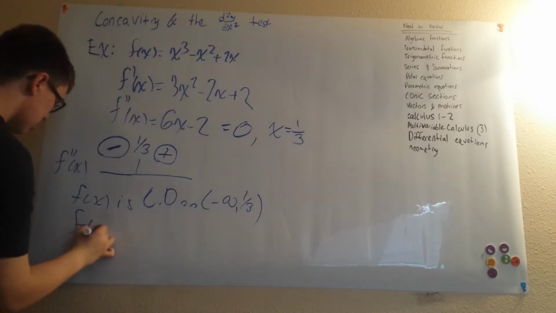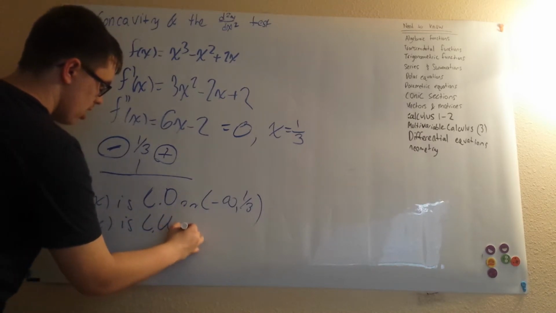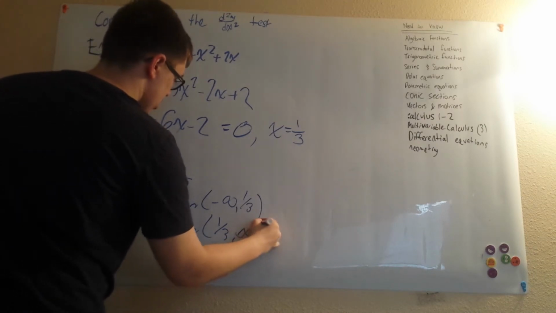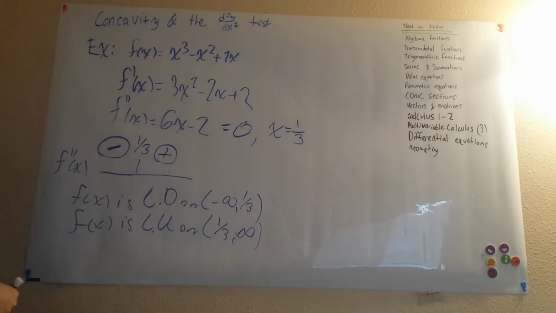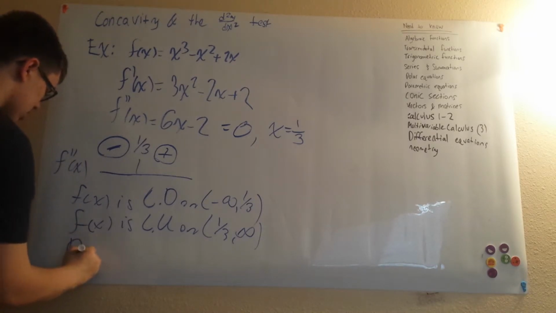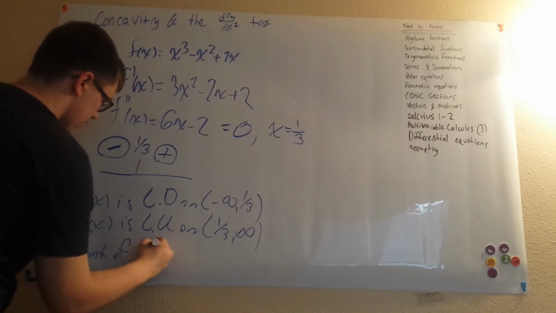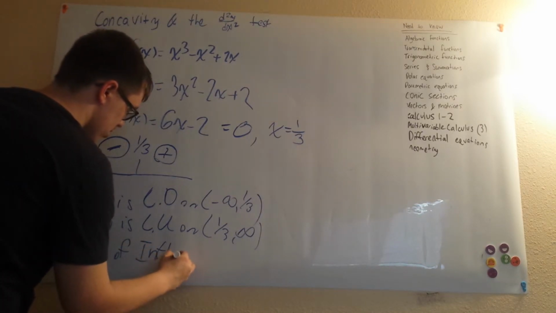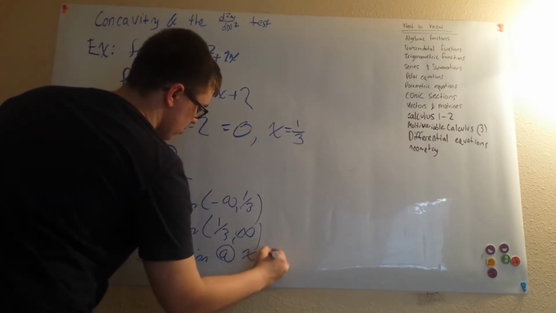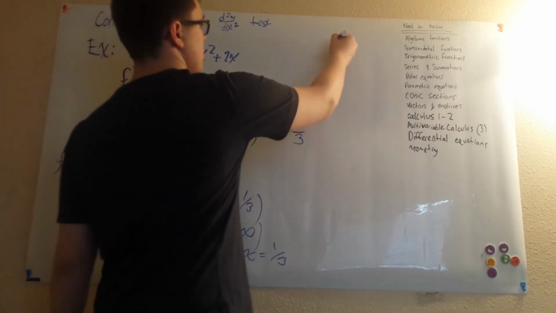And it tells you that f of x is concave up on this interval because it's positive on that interval. And it tells you that there's a point of inflection at x equals 1/3.